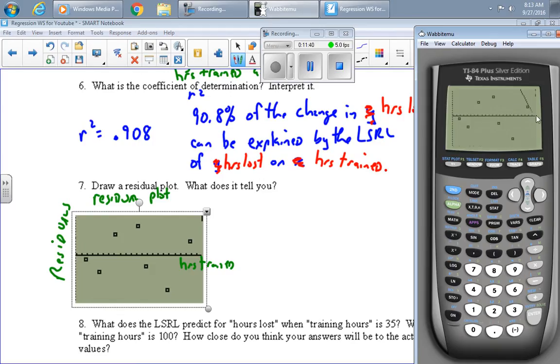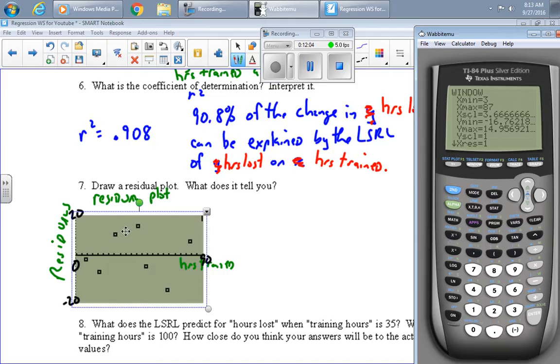So just ignore it. Luckily I dragged it over before that happened. Press window and I see that my x's are in that same interval they were before, from 0 to 80, or 0 to 90, and then my y's go from maybe negative 20 to 20. The window's a little smaller than that, so that's a good enough look.